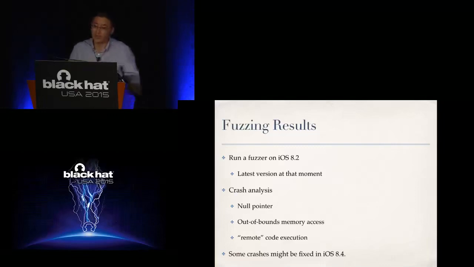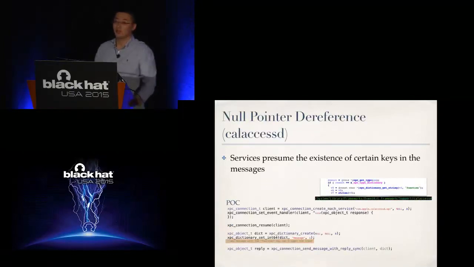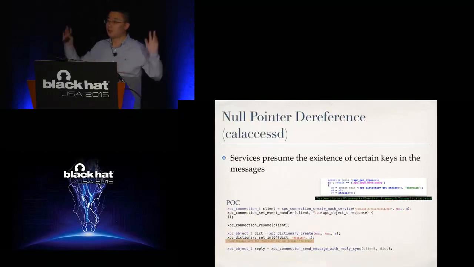We analyzed these crashes, and in general, we classified them into 3 categories, and we will go through them one by one. The most typical case is null-pointer dereference. The root cause is that the server side just presumes the existence of certain keys in the message. So it tries to retrieve the object, but doesn't check whether the pointer is 0 or not, and continues to use that pointer. Definitely that will trigger a crash.